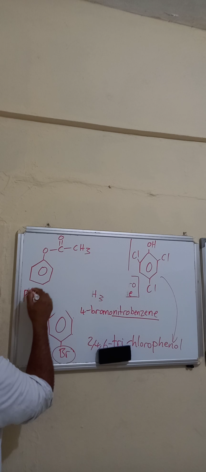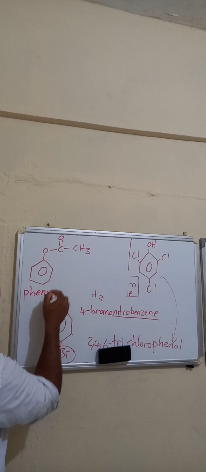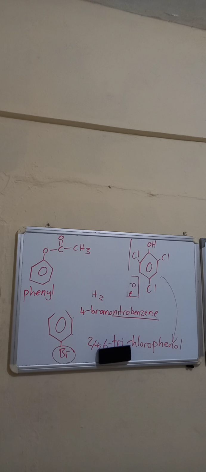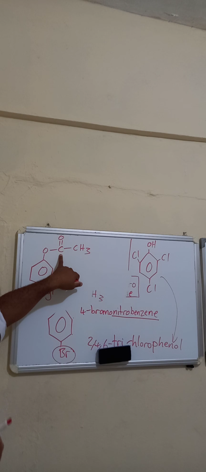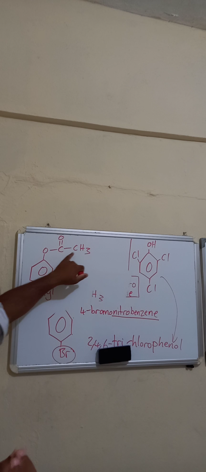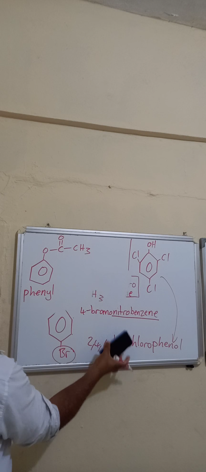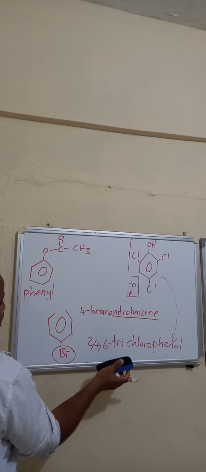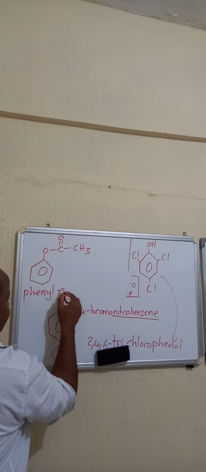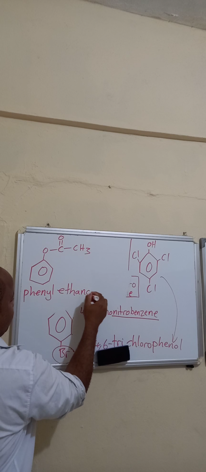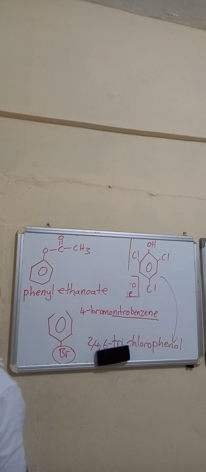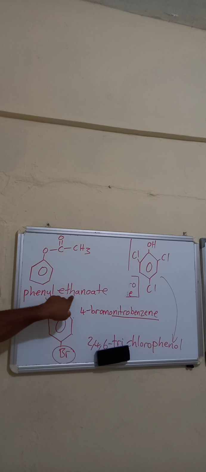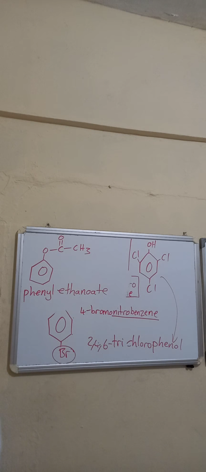So in this instance, the benzene ring, I'm going to call it phenyl, and we know that the carboxylic acid portion is two carbons, right? So we know that that is going to be called ethanoate. So it is phenyl ethanoate. Alright, so those are just some compounds for benzene that we will name.